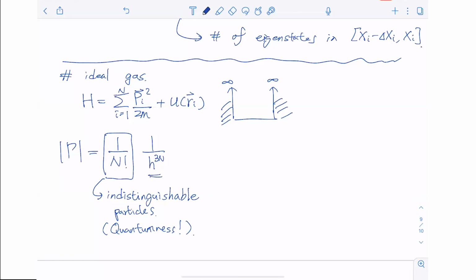And as I mentioned, in principle, in a classical system, you don't really need to worry about this h. But as the quantum system already specifies a natural unit for our phase space volume, why not just keep it there? And now we are trying to calculate what is the corresponding phase space of our system.